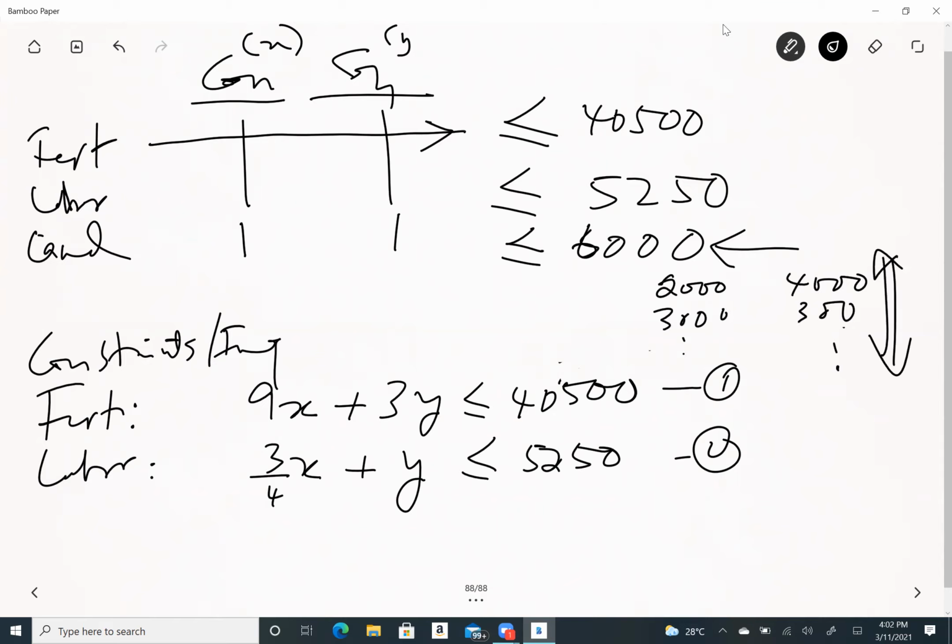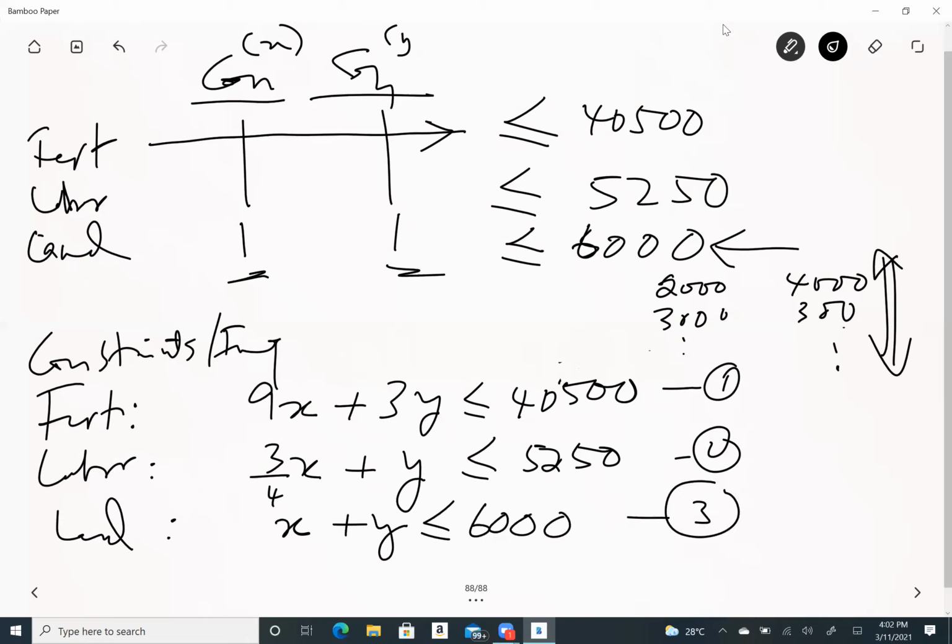So you put here 1 and 1, that would be our land constraint: x plus y less or equal than 6,000. So that is our land constraint.